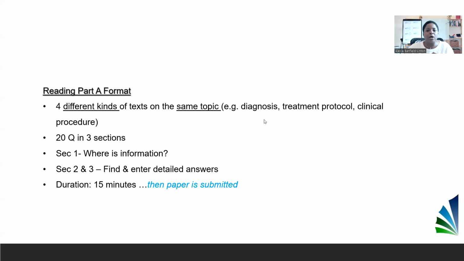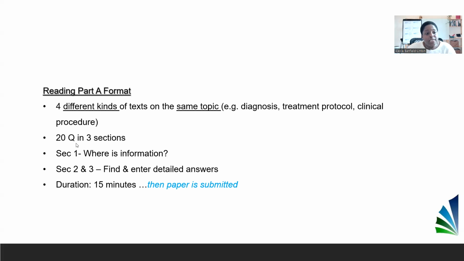So it could be things about a specific diagnosis. It could be about a treatment protocol or algorithm. It could be about a clinical procedure that you have to do, or it could be about drug cautions, drug interactions, or something like that. Things that in real life you want to grab quickly and verify as you're dealing there with the patient in ER, stat room, on the ward, OET, whatever.